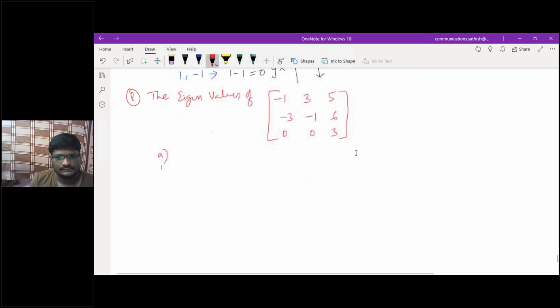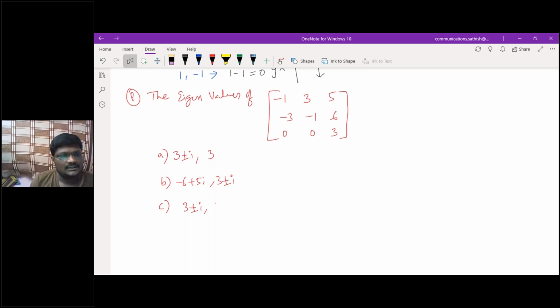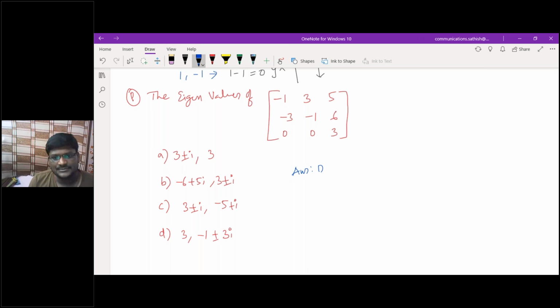Options: A, 3 plus or minus i, 3; B, -6 plus 5i, 3 plus or minus i; C, 3 plus or minus i, -5 plus i; D, 3, -1 plus or minus 3i. The answer for this problem is option D. You try to solve that.